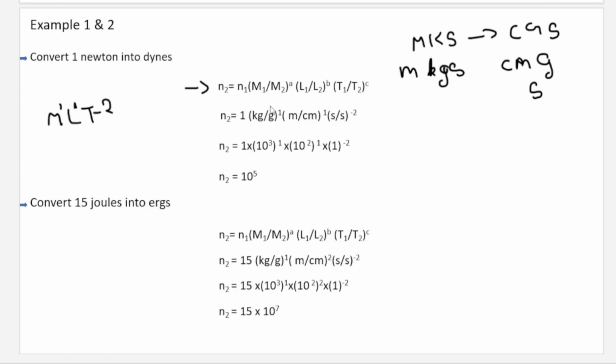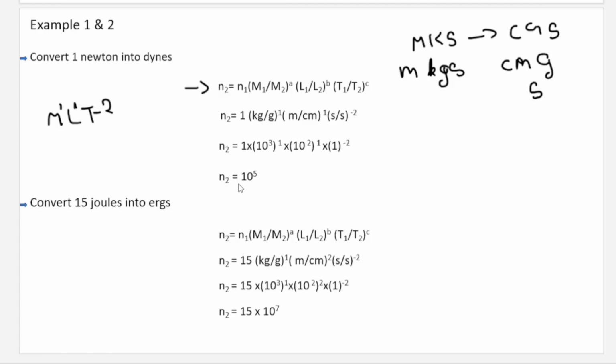So kg by g whole 1, then m by cm whole 1, then s by s whole minus 2. So N2 is equal to 1 into, we will be converting kg to grams, meter to centimeter. So 1 kg is 1000 grams whole 1, then 1 meter is 100 centimeter whole 1, then s by s we get 1, so 1 whole minus 2.